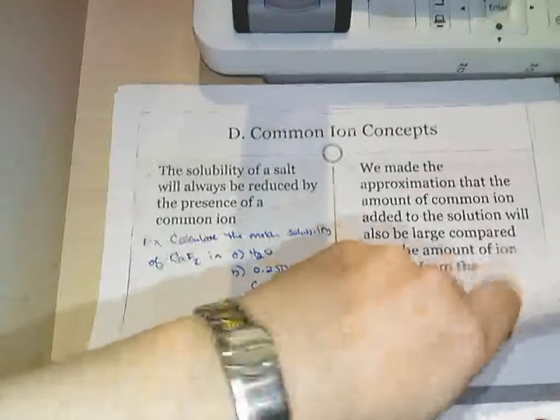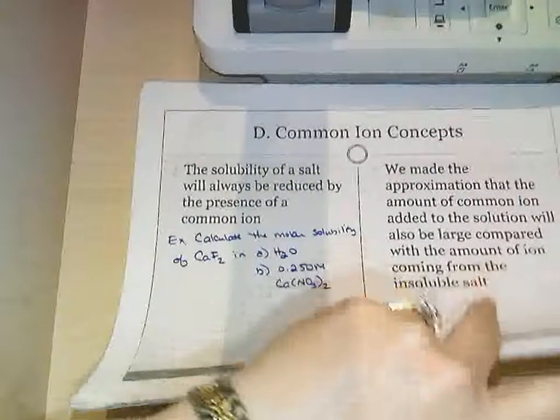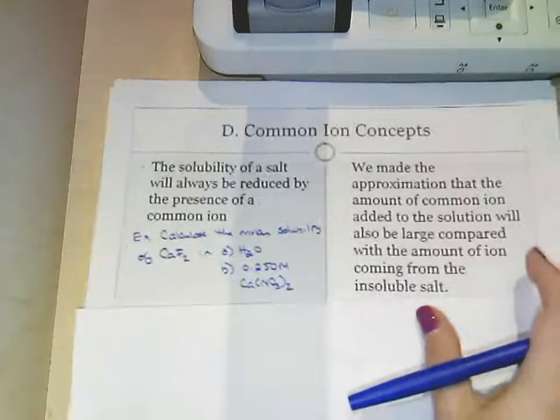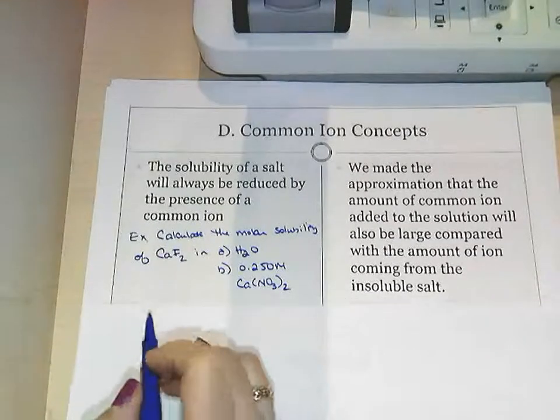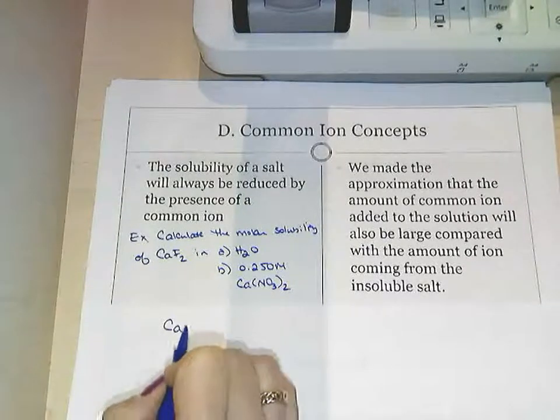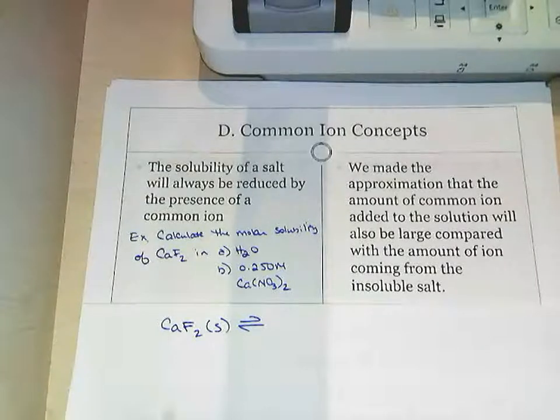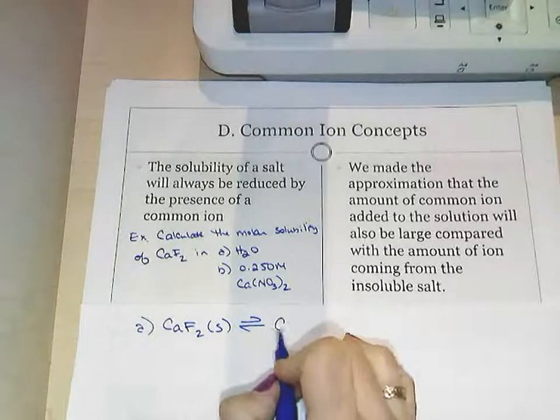So the first thing we're going to want to do is determine what the molar solubility is in just water. What are my two products that get made from calcium difluoride, or calcium fluoride, not difluoride? Calcium plus 2, and then how many fluorides?